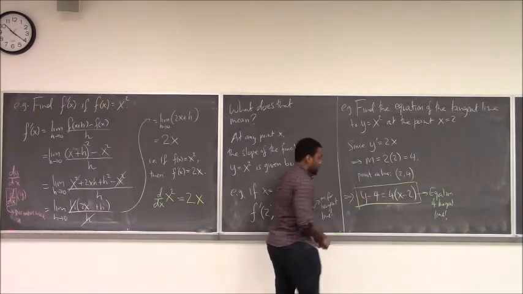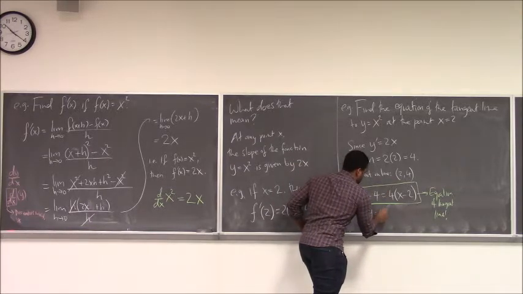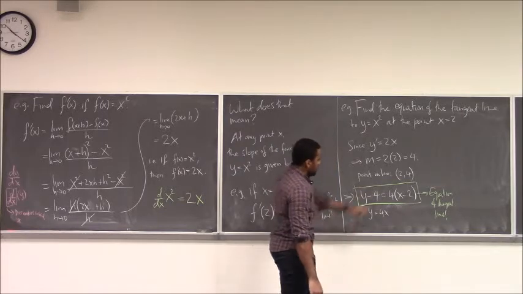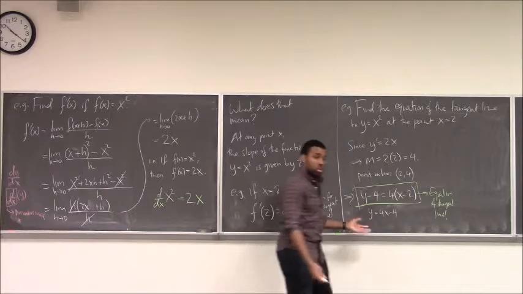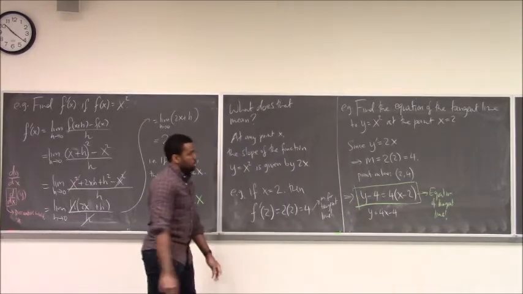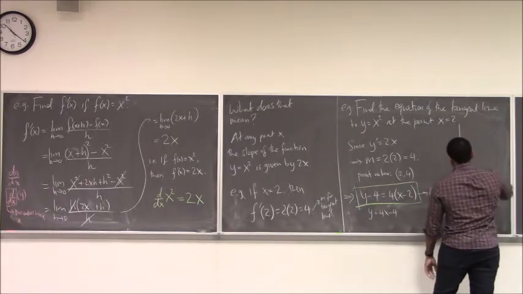If you want to write it out in y equals mx plus b form, that would be y equals 4x minus 4. That's how you can write it. But the interpretation still stands.